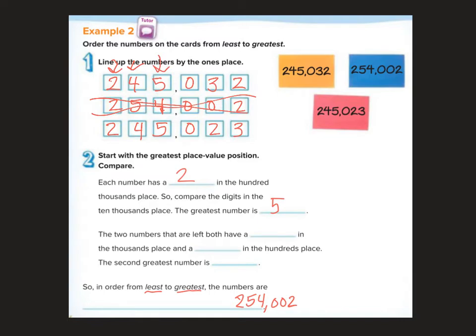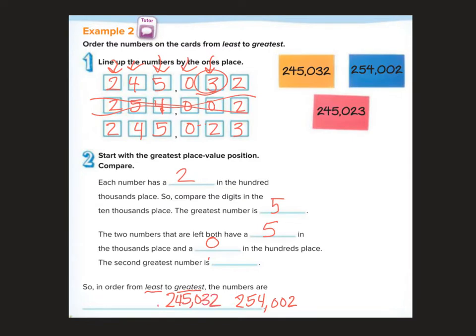So let's compare the thousands place. Both have a 5 in the thousands place and a 0 in the hundreds place. Wow, Jiminy, we have to go all the way down to the tens place to compare these 2. So in the second greatest number, if we're looking here, the 3 is bigger. So it's going to be 245,032.